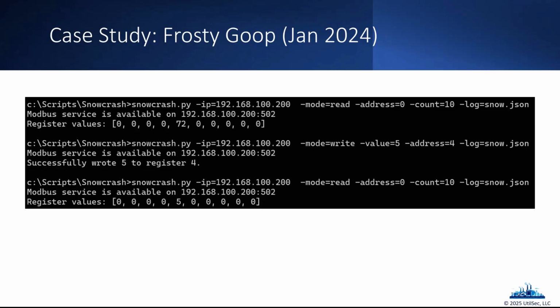And you can see in this case, the controller, which is a simulated PLC example that we're going to use shortly, comes back and says the values for the first 10 registers are 0, 0, 0, 0, 72, 0, 0, 0, 0, 0.